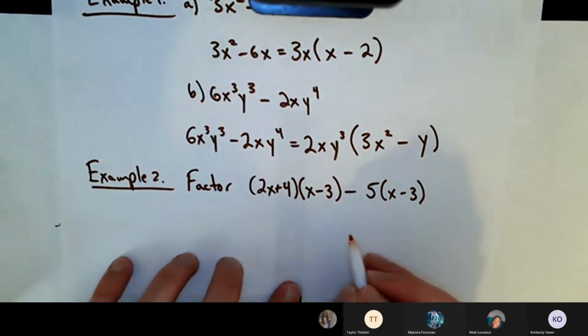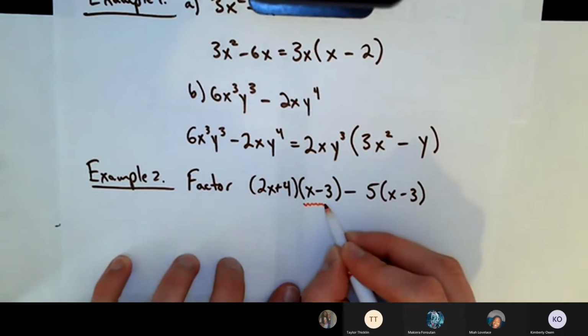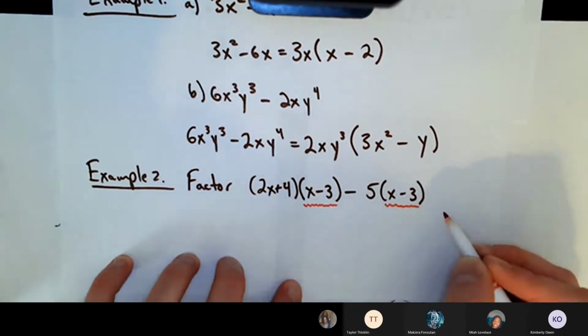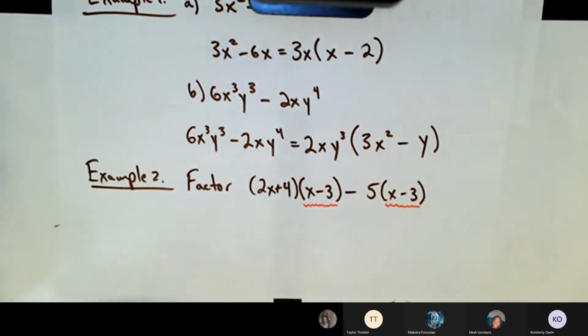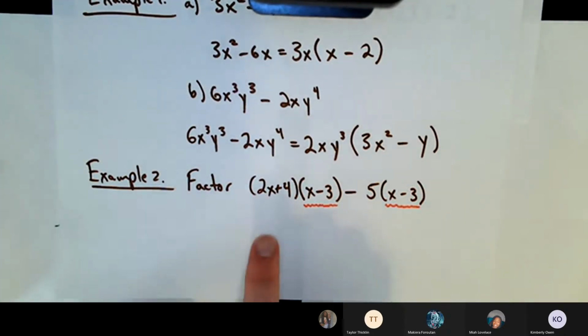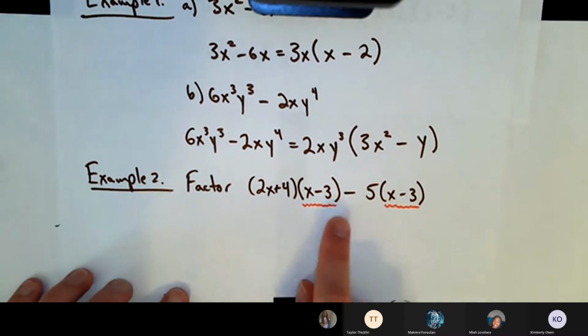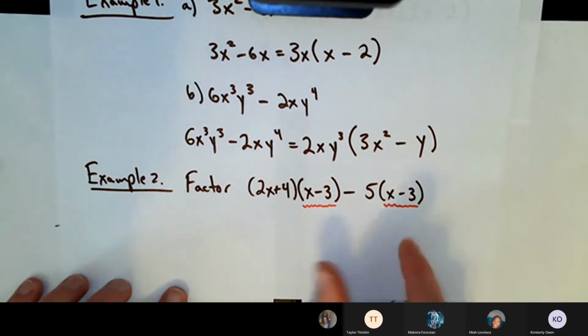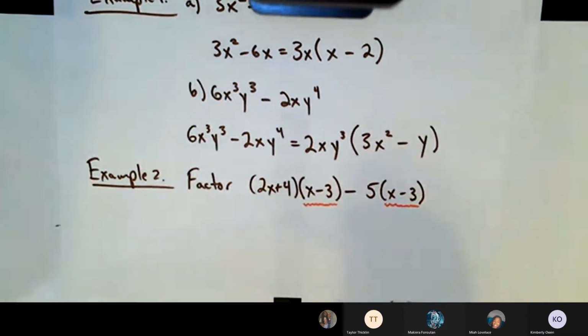The common term is this thing, x minus 3. So pull it out, right? That's the greatest common factor. It's like a times b minus c times b. The b is common, so we factor that out.